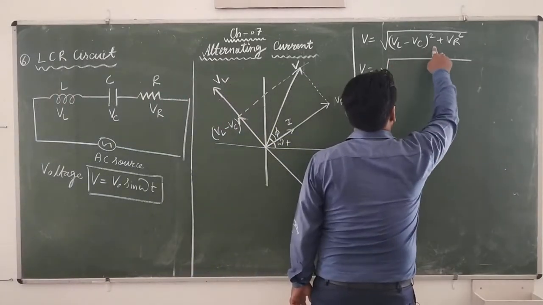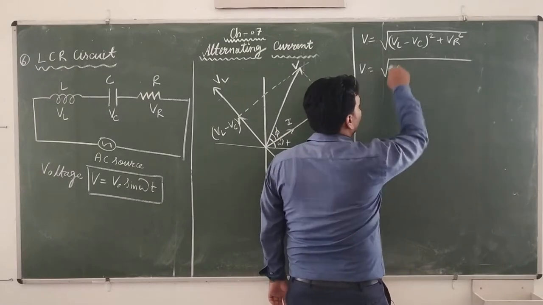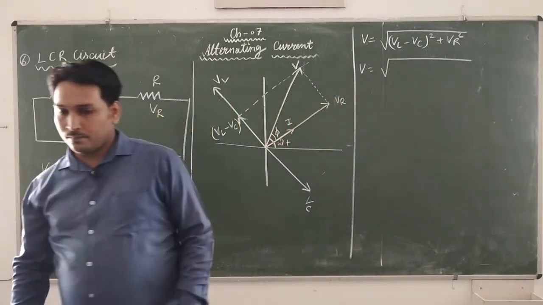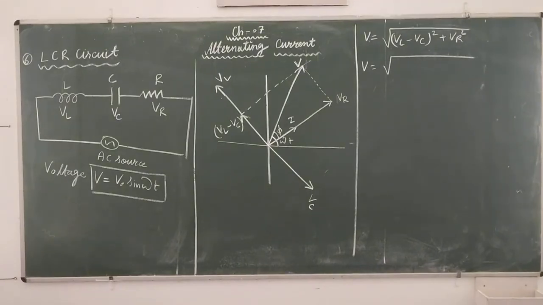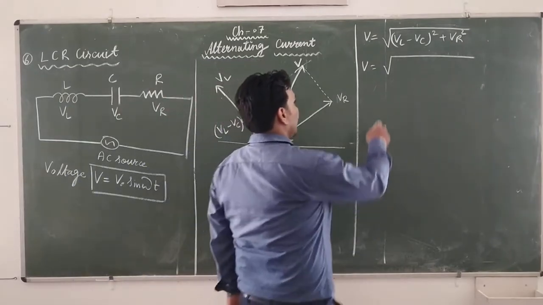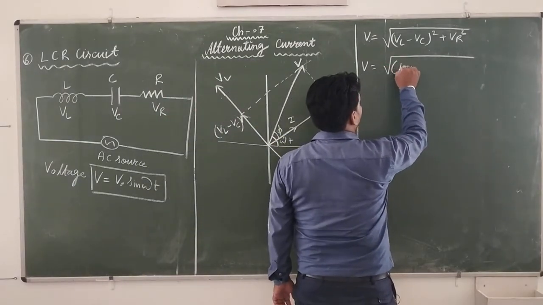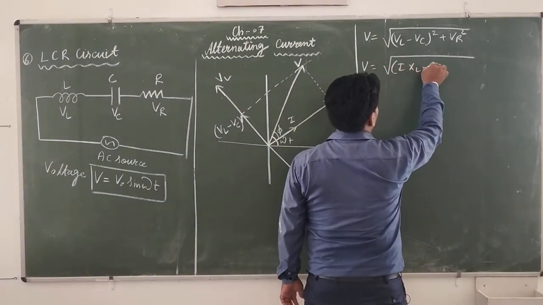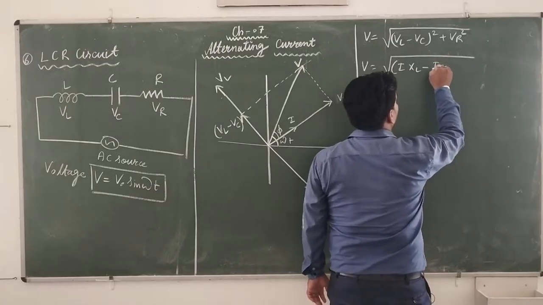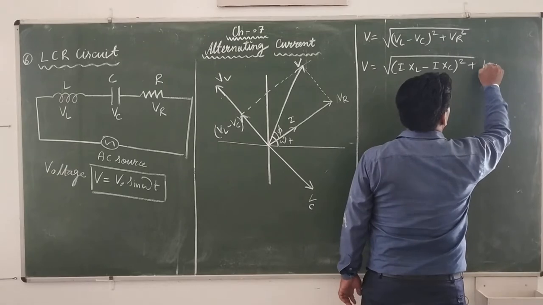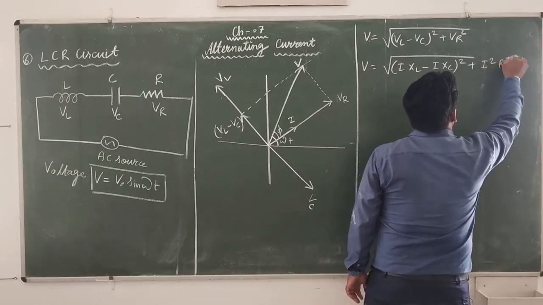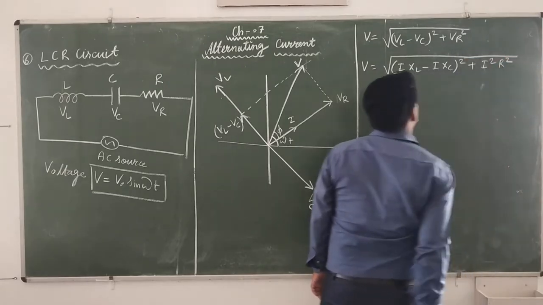In place of VL, we can put I into XL. In place of VC, we can put I into XC, whole square. Plus in place of VR, we can put IR. It is going to be I square R square, right?